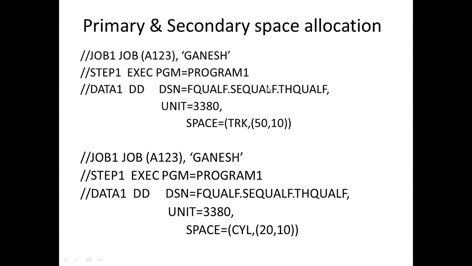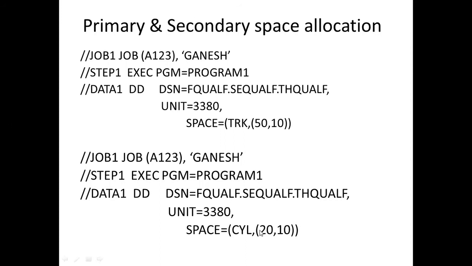So whenever the data is getting filled inside this data set, the first 50 primary quantity will be utilized first, and when it is exhausted, it will go for the secondary quantity which is requested earlier. So this will request 50 primary quantity of tracks and 10 secondary quantity of tracks.